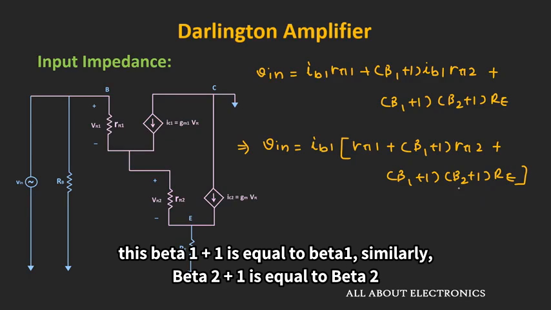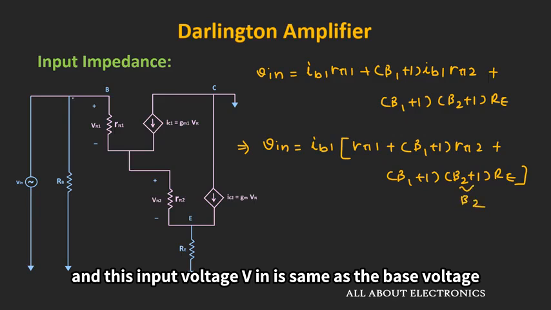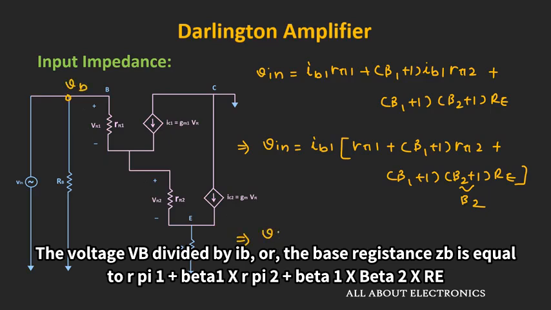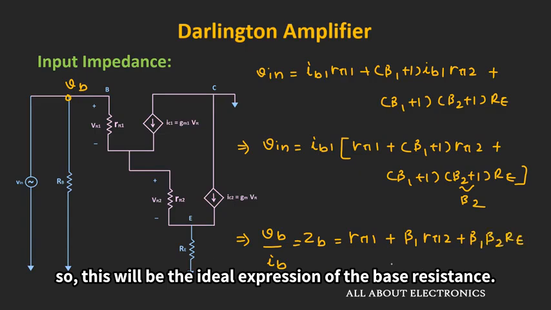Similarly, this beta 2 plus 1 is equal to beta 2, and this input voltage Vin is same as the base voltage. So we can say that the voltage Vb divided by Ib, or the base resistance Zb, is equal to Rpi1 plus beta 1 times Rpi2 plus beta 1 times beta 2 times Re.